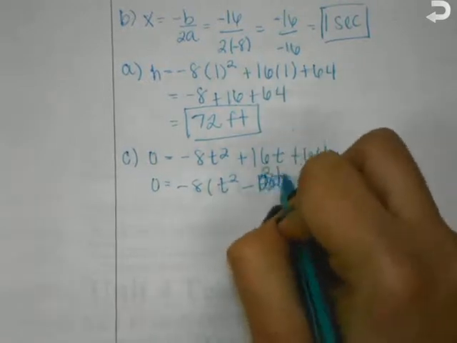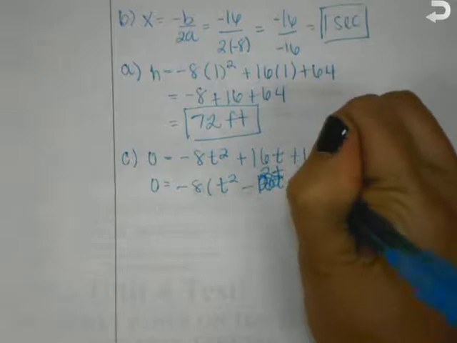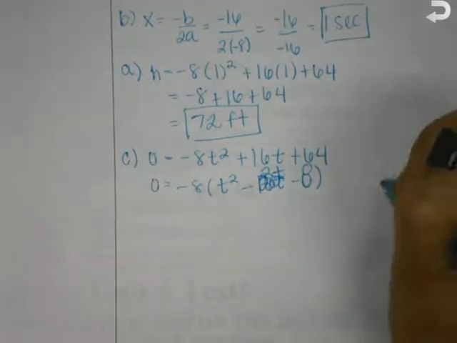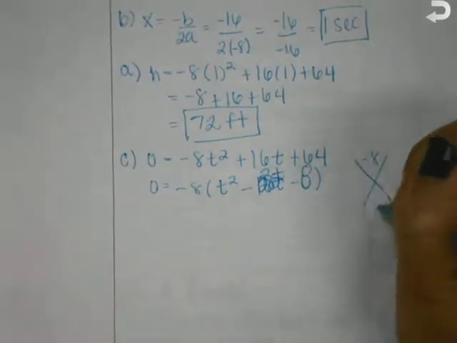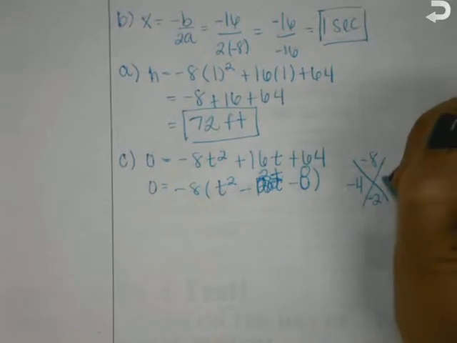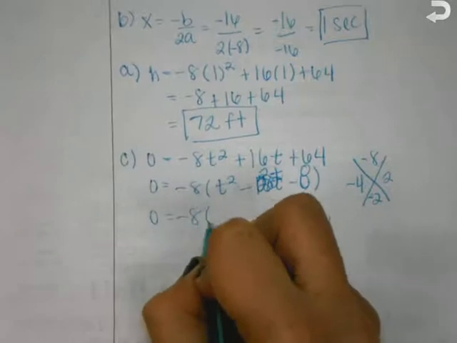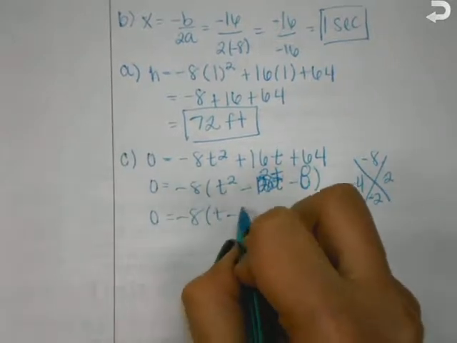So I'm looking for two numbers that multiply to negative 8 and add up to negative 2. That's negative 4, positive 2. So this factors to negative 8 times t minus 4 times t plus 2. Let's set each factor equal to 0.